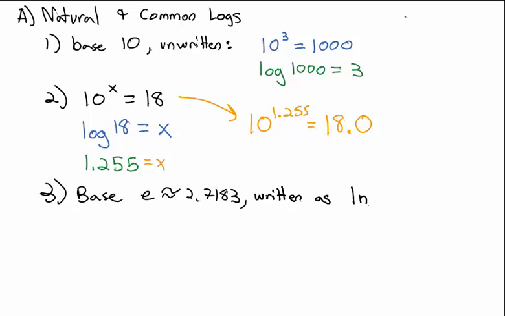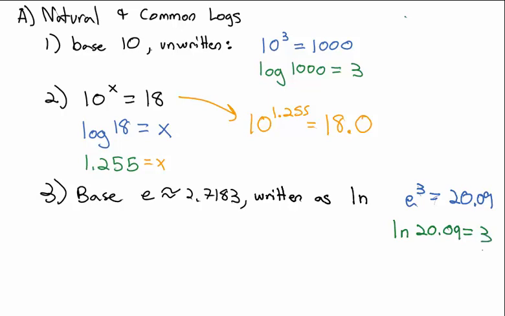So, for example, if we had e cubed, and if we were to figure out what e cubed was, we'd come up with about 20.09, rounded. And if we were to change this into a log, we would use a natural log of the 20.09 would equal the exponent of 3.